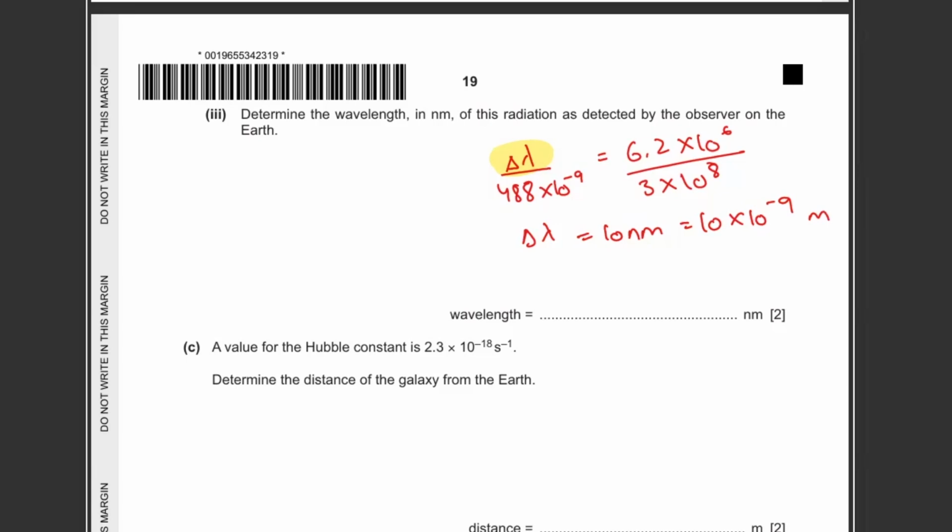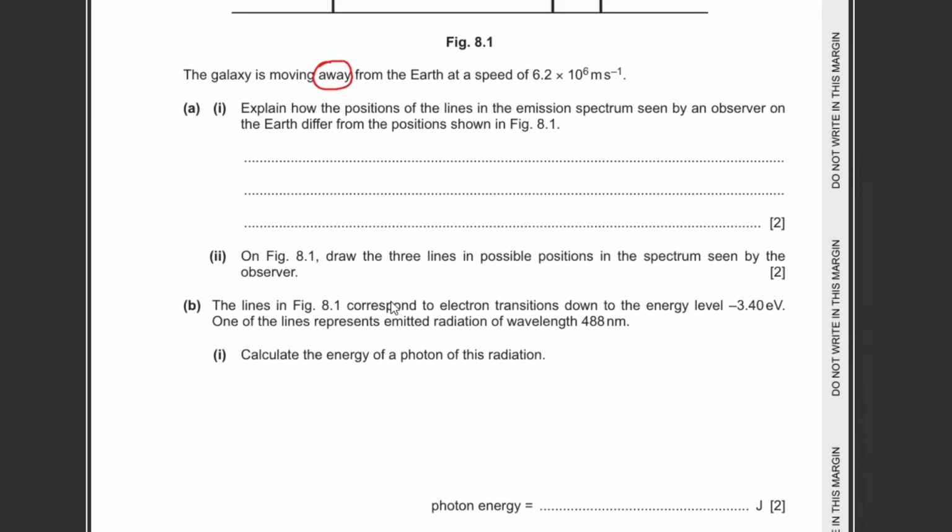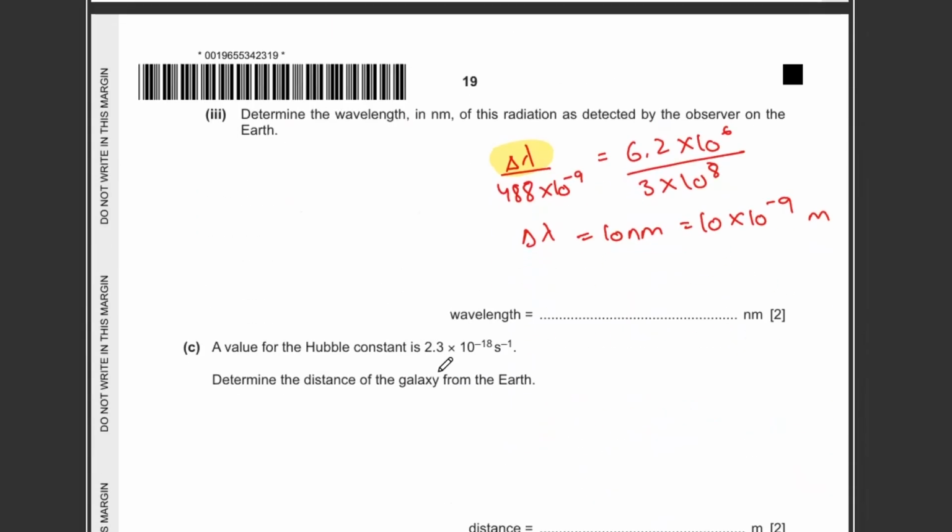Since the galaxy is moving away from Earth, your total wavelength will be the actual wavelength plus the change in lambda. This comes out to be 498 nanometers.